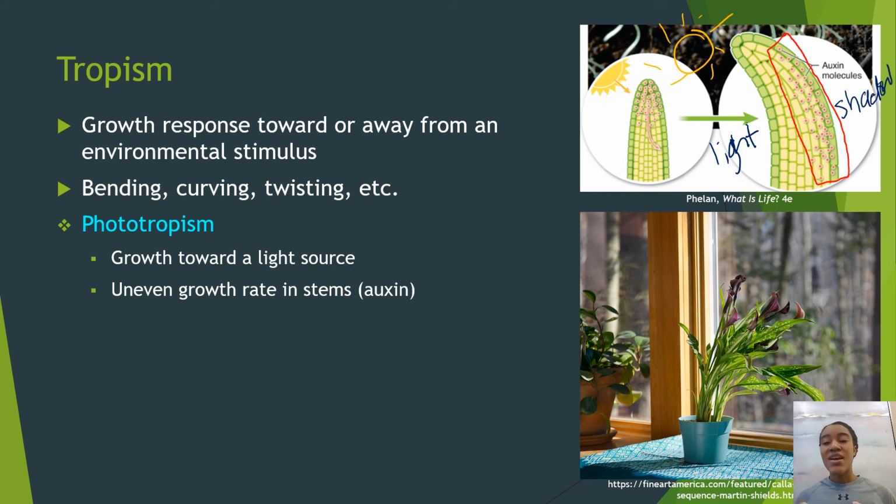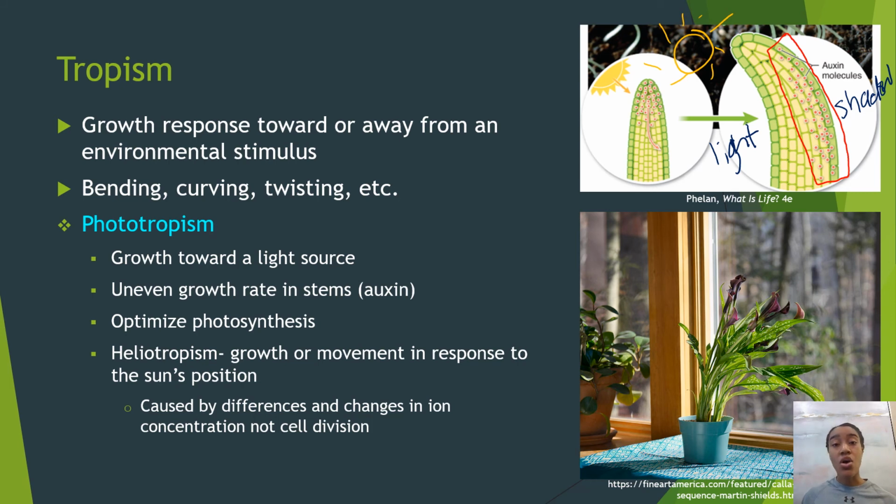This redistribution of auxins will cause the cells on the shadowy side of the stem to undergo more rapid cell division and for their cell walls to be far more flexible so they can become elongated. The combination of more flexible cells and more cell division, so more cells being present on that side, will cause the stem to bend in the direction of the light.